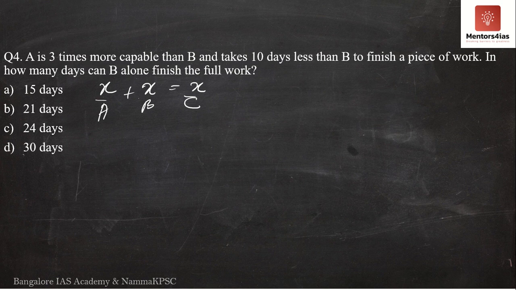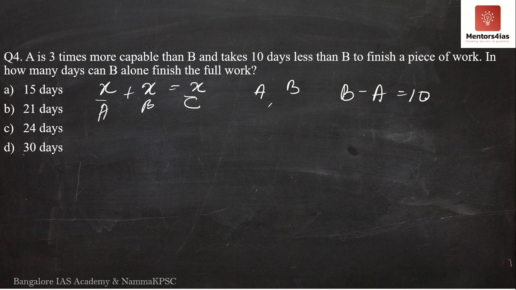It is not necessary. Now again I'll assume let A be the number of days taken by A and B be the number of days taken by B. Now the question says A is 3 times more capable than B and takes 10 days less than B to finish a piece of work, correct? Now, if that is the case, don't you think B minus A is equal to 10?